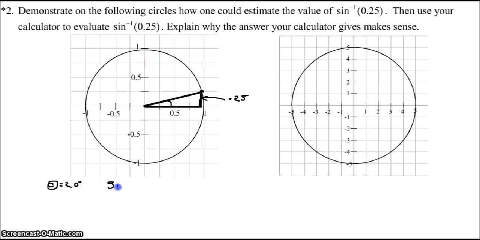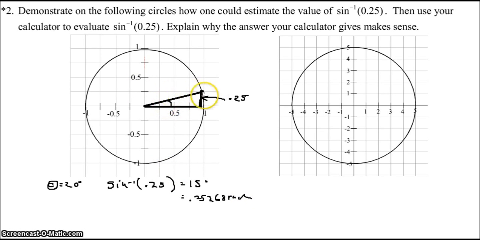If you type sine inverse of 0.25 in your calculator, you'll get 15 degrees approximately, or 0.25268 radians. So those are exact.